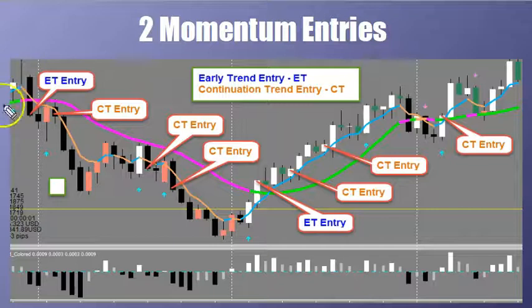Right here, price is going up, then price starts to go sideways and stall, but right here price closed below the line, and confirmed with other filters, perhaps you could see that this could be the start of an ET entry, your early trend entry, once price has been going up and then looks like it's going back down.